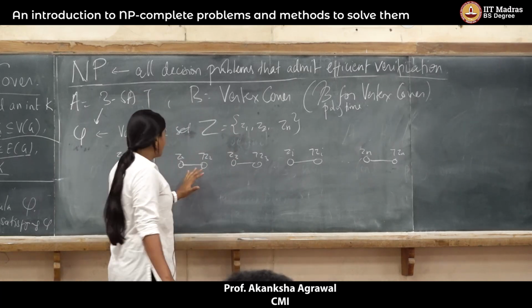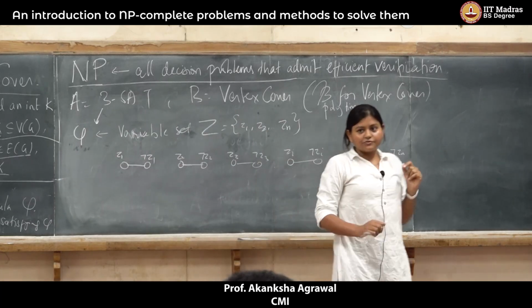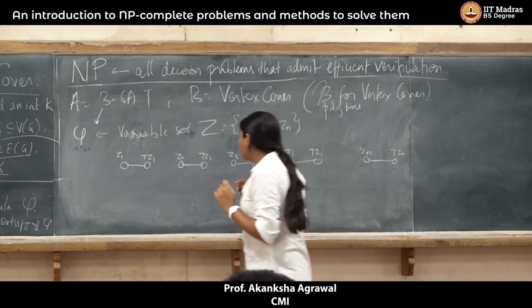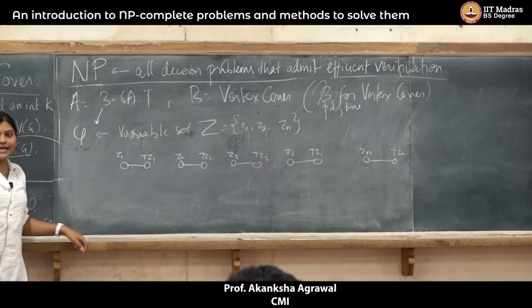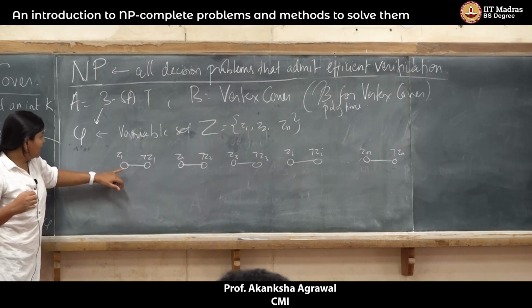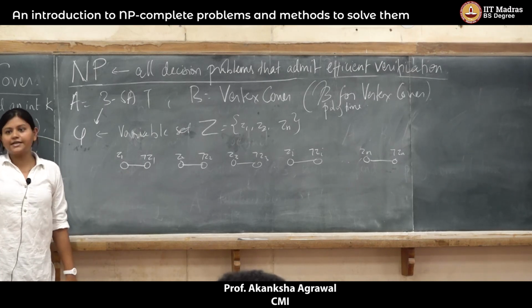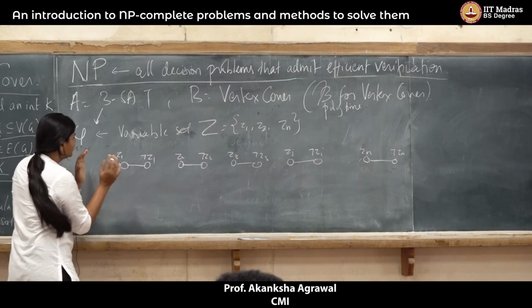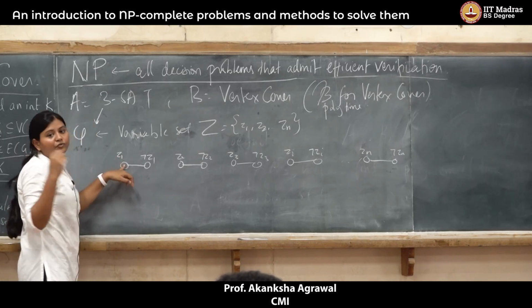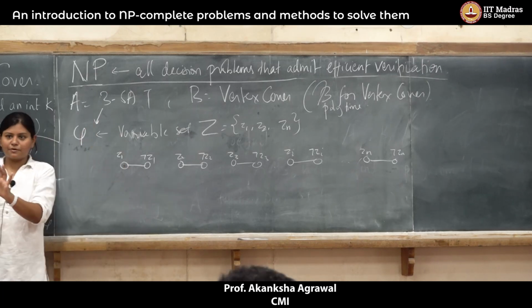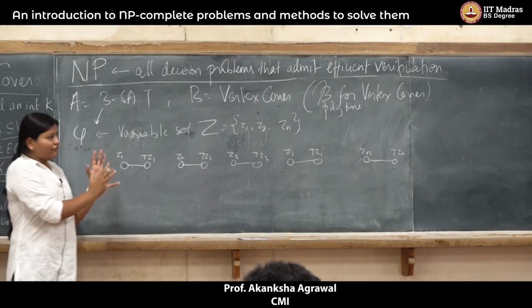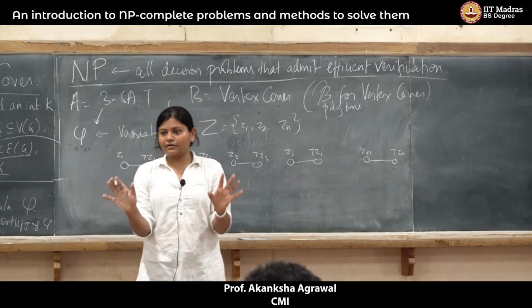So I have somehow encoded the variables. The goal here is, whenever I set a variable, say z1, to 1, I would interpret it in this graph as selecting the vertex z1. This is just for interpretation purposes, for you to understand. The algorithm itself will use none of these.